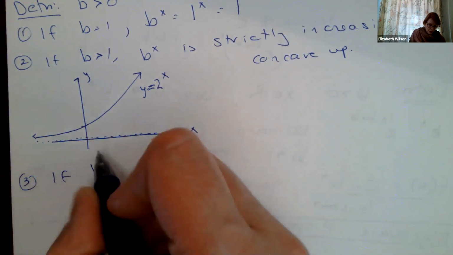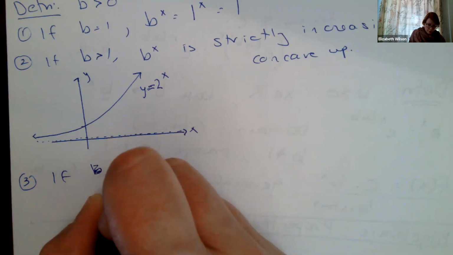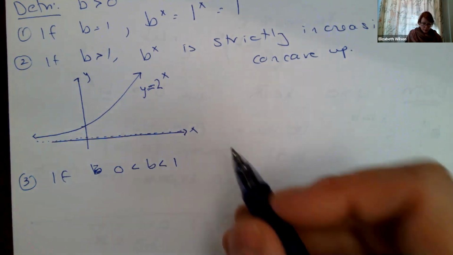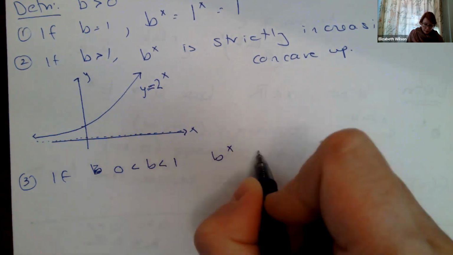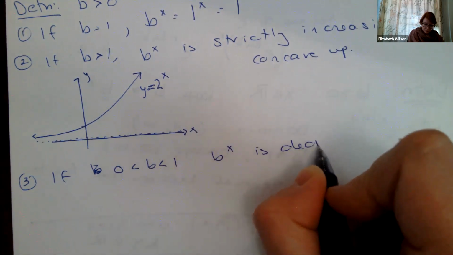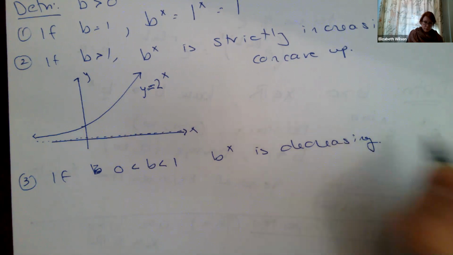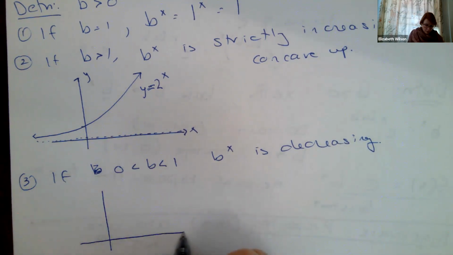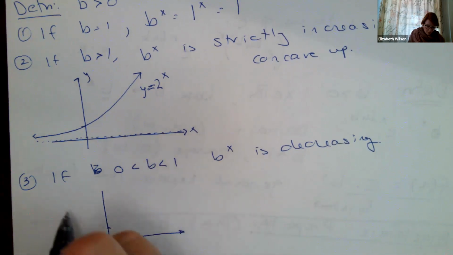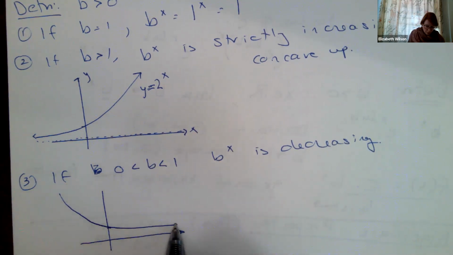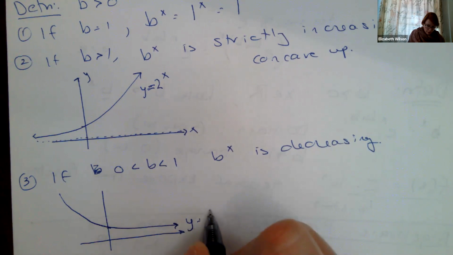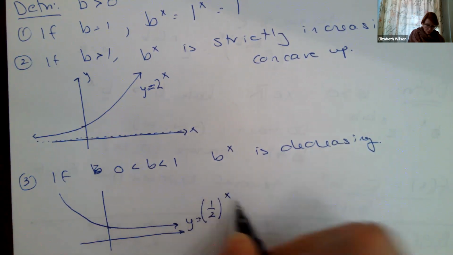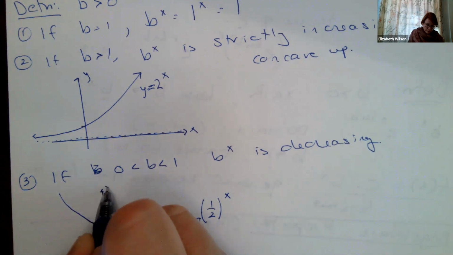If b, I'm going to write, if b is between 0 and 1, so it's a fraction, right? And b to the x is decreasing. Okay, and it's going to look like, let's call it 1/2 to the power, just as an example.